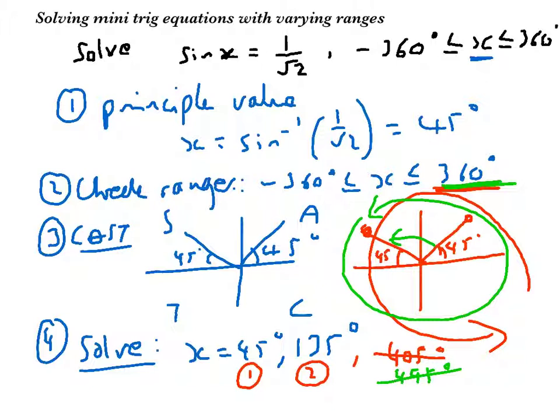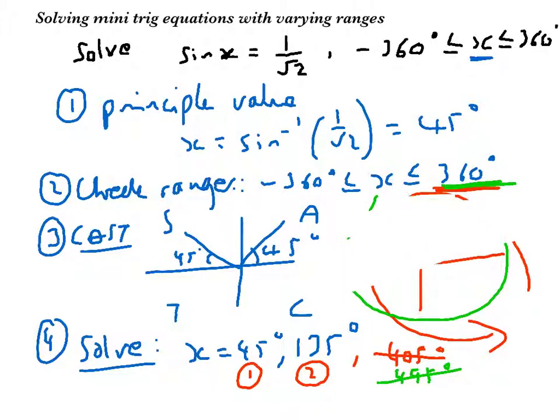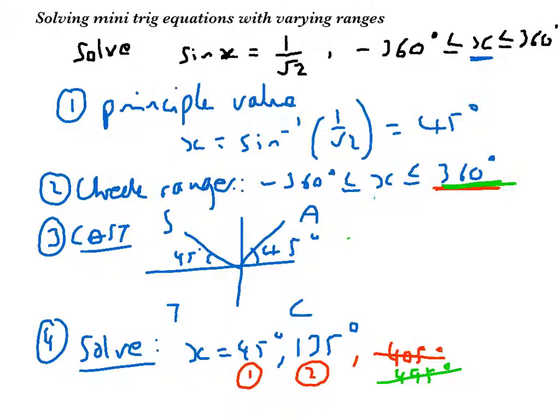But we can do it the other way, can't we? Remember I said we always go anti-clockwise. If we go clockwise, the other way, then it's a negative angle.